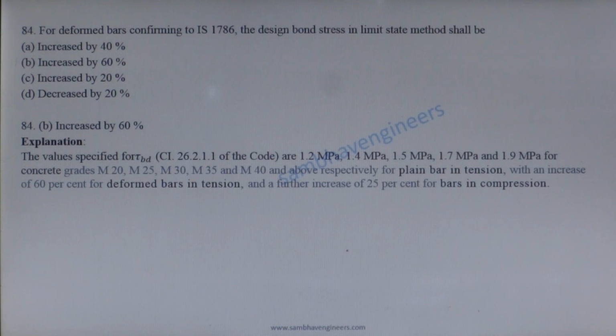The value is specified in the code for different grades of concrete for plain bars in tension, but in case of deformed bar, these values are increased by 60% when the deformed bar is in tension, and are further increased 25% for bar in compression. So as per new code, the correct answer is option B.